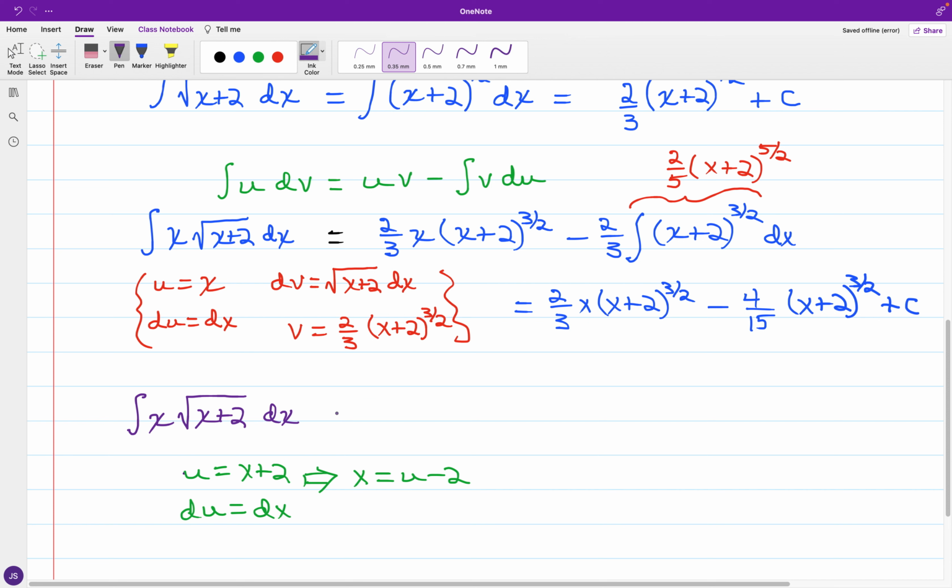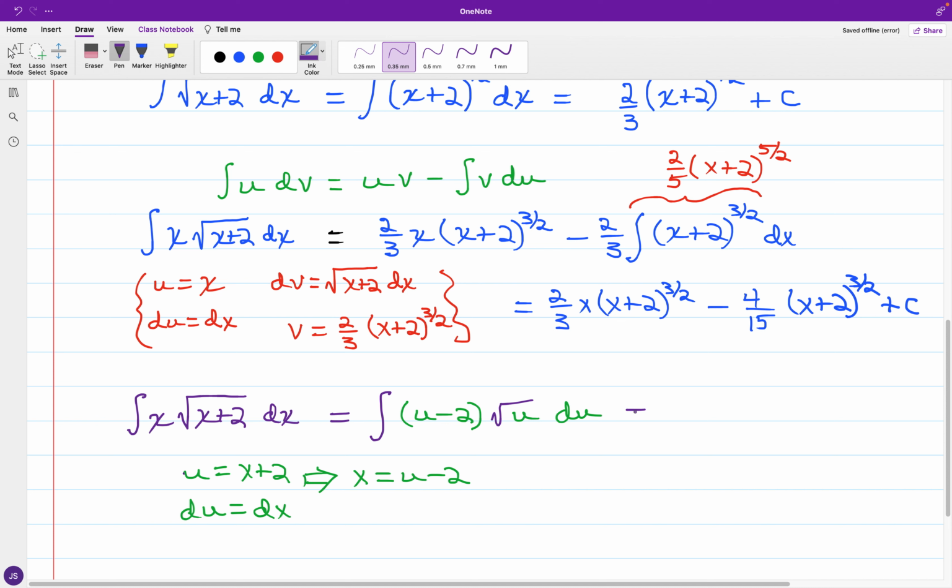Working with this same integral in the realm of u substitution, in lieu of x we have the quantity u minus 2, for the square root of x plus 2 we have the square root of u, and dx goes to du.